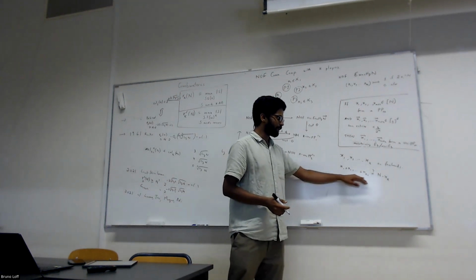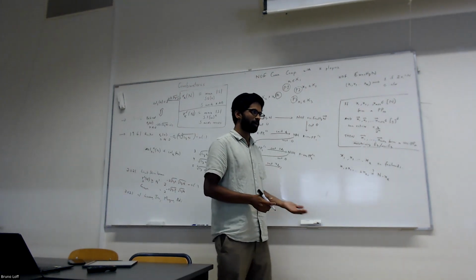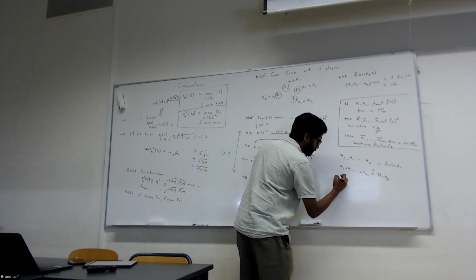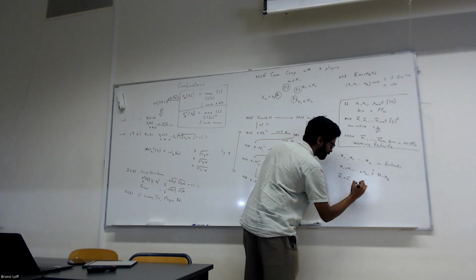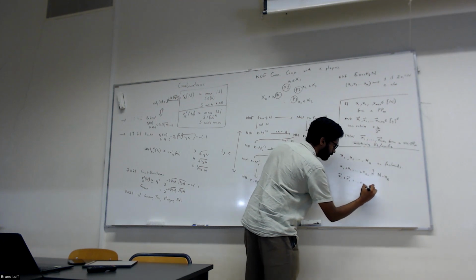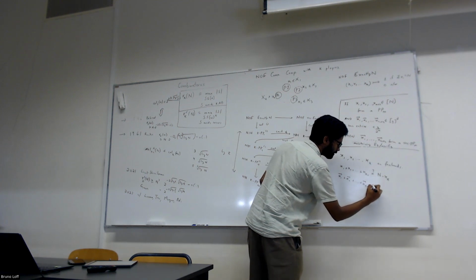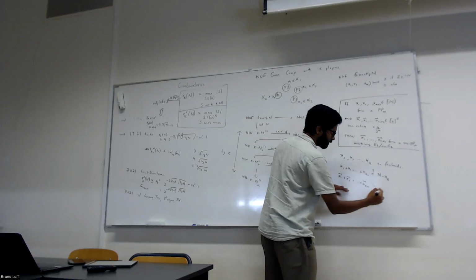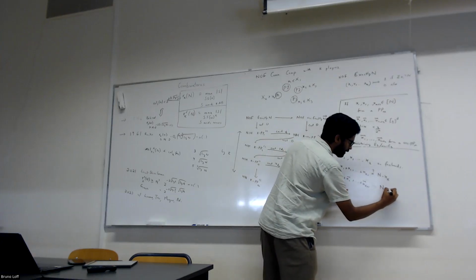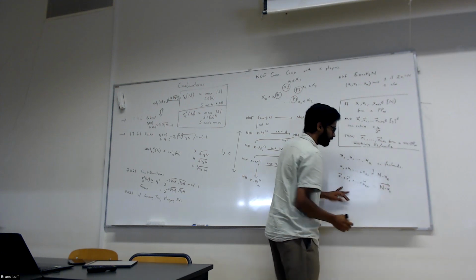Now what we're going to do is write these in their vector format. So we've got x1 plus x2 plus up to xk minus 1 on one side. On the other side, we have n minus xk as a vector.